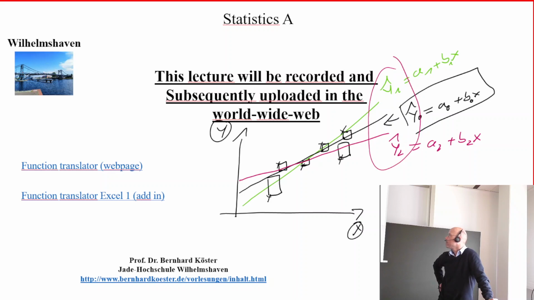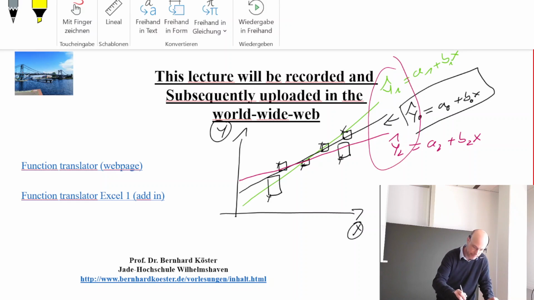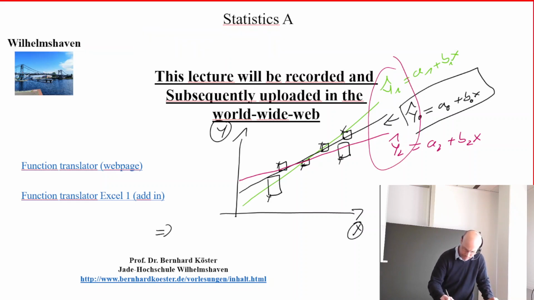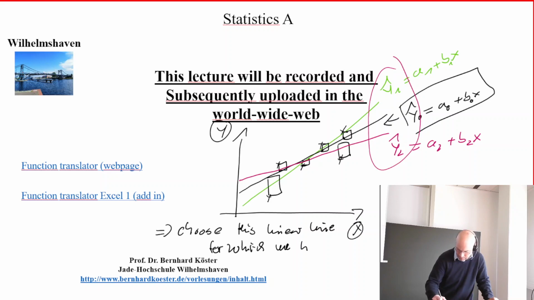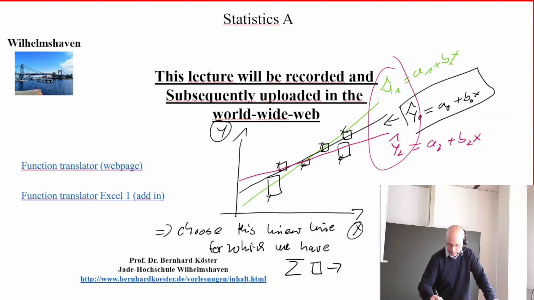And then we want to choose this linear line for which the sum of all squared distances is minimized.